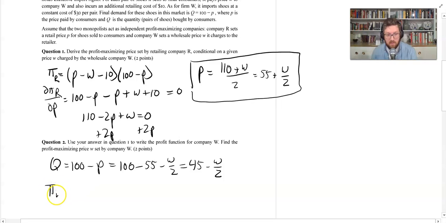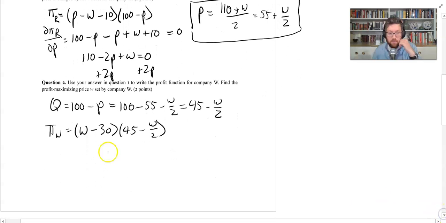So my profit as a wholesaler is the price minus my costs of 30 times the number of units I'm going to sell the retailer. And the retailer is going to order exactly as many as the consumers want. And so this is my demand function. And if I take the derivative with respect to W, which is my choice, I get this.